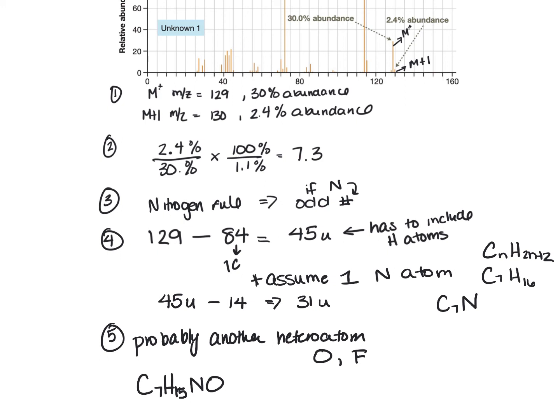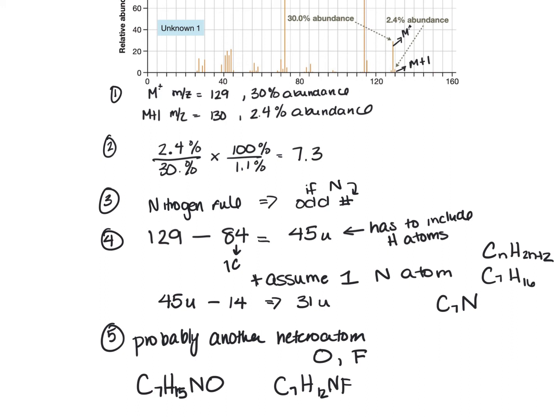This may be a really good time to go back and review some of those saturation equations we did in the first semester, with the IDH numbers, because you can see where we've taken out some of these hydrogens. Or maybe C7H12NF. There are a couple of different things it could be.